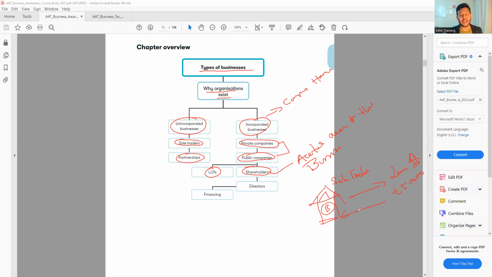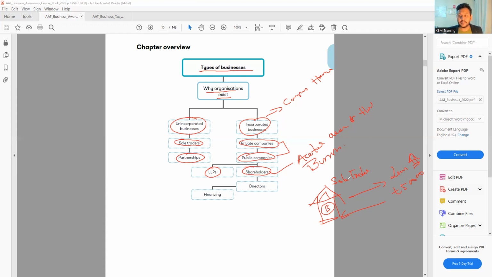So if this happens, I have to pay this loan back by selling my personal assets. For example, the bank can come to me and sell my house or my car or any asset I have to pay off the loan. So for that reason, we call it unlimited liability.